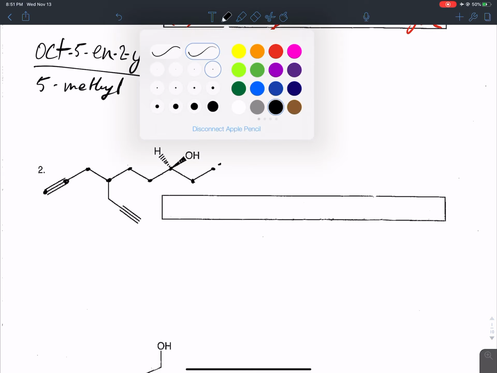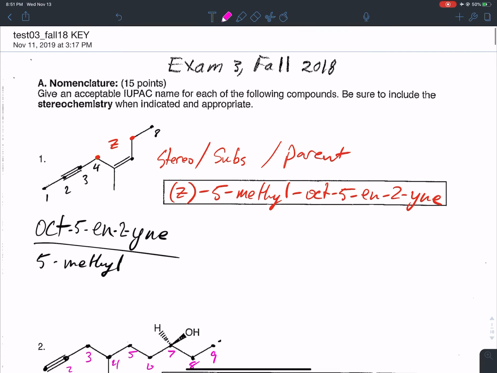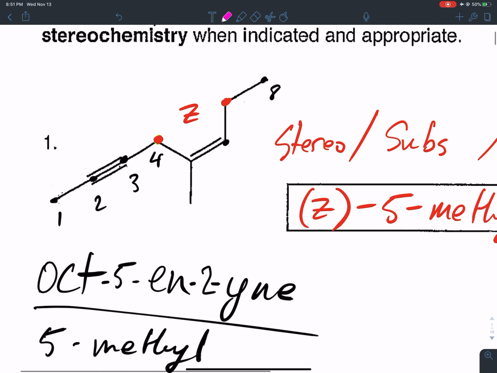Next, we're tasked with numbering this thing. We're going to give the numbers that put the parent functional group, the priority one, on the lowest numbers. So even though we could do this 1, 2, 3, 4, 5, 6, 7, 8, 9, like that, we're going to go the other direction. We want that alcohol to be on the lowest number possible. Looking back here, remember, the alkyne and the alkene were tied for priority.